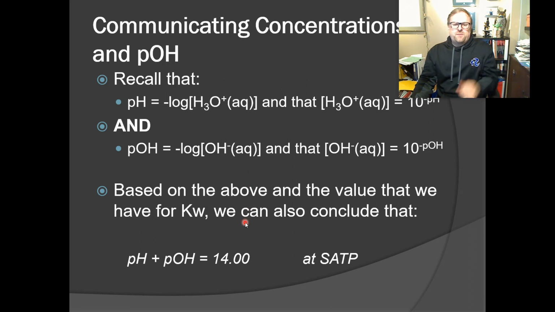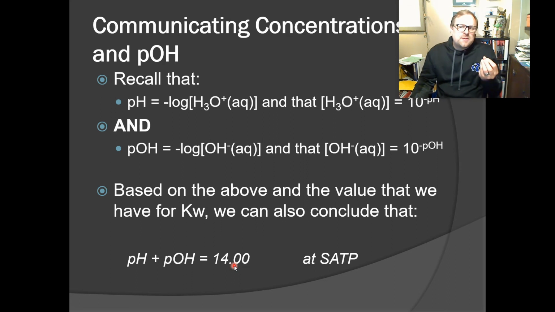Based on the above and the value that we have for Kw, we can also conclude that if we added pH and pOH together, it should equal 14.00 at SATP.